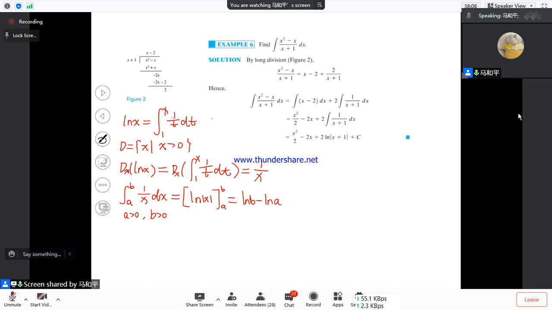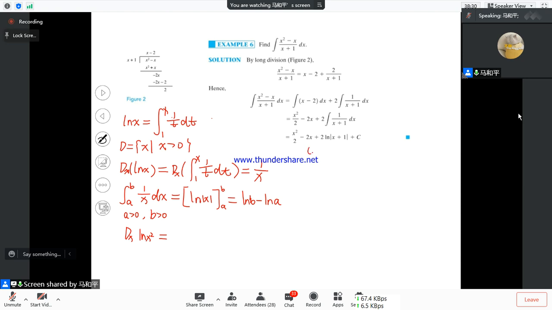And then we calculate by the chain rule, we calculate the derivative, for example, this one, ln x squared. We have learned the properties of the ln function.